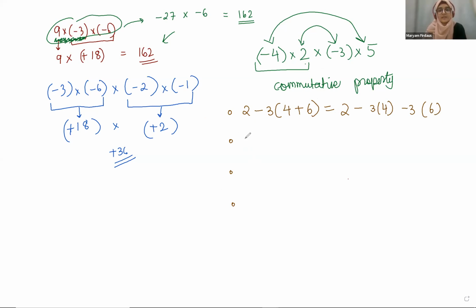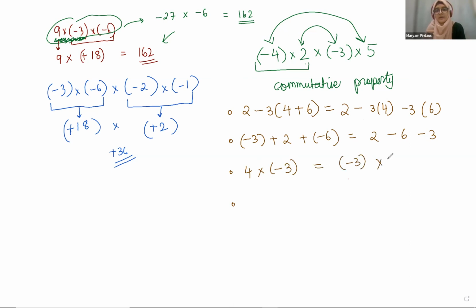The next one is minus 3 plus 2 plus minus 6 is equal to 2 minus 6 minus 3. One more property: 4 multiplied by negative 3 is equal to negative 3 multiplied by 4.